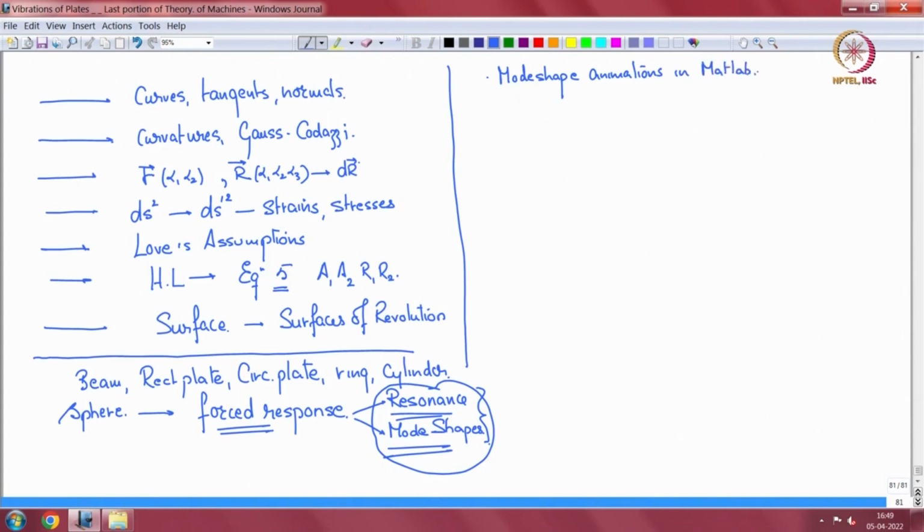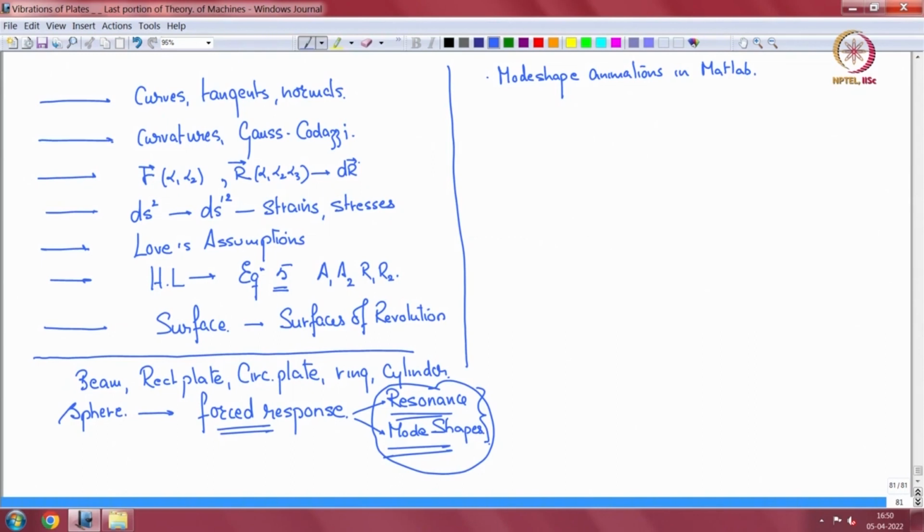Many of you are not familiar with even lumped vibrations, because that is still an elective in most colleges. So I'll make an attempt to show you how modes look. That will be very useful.